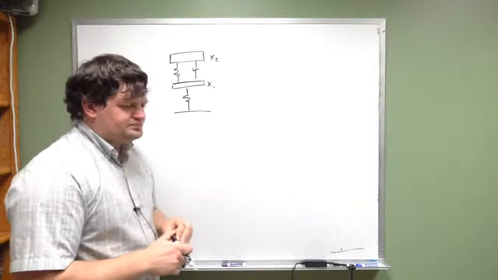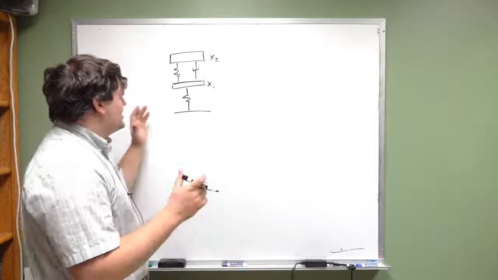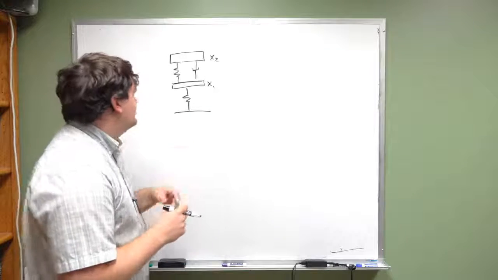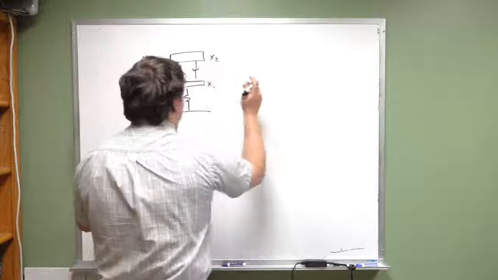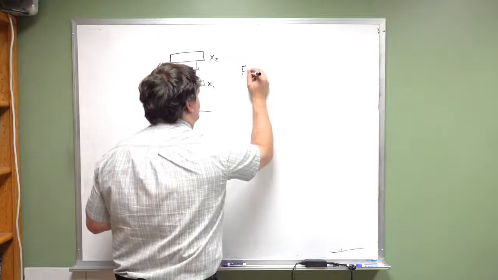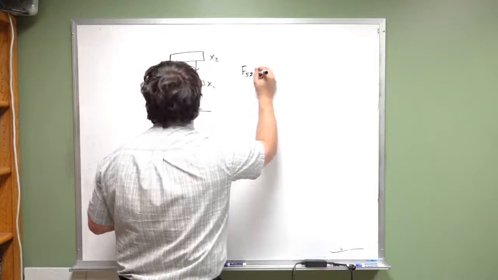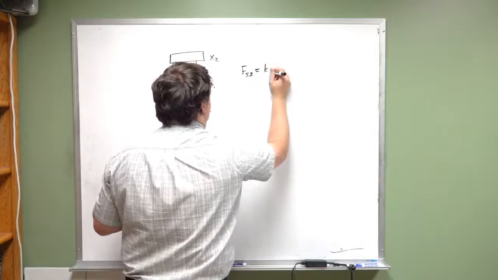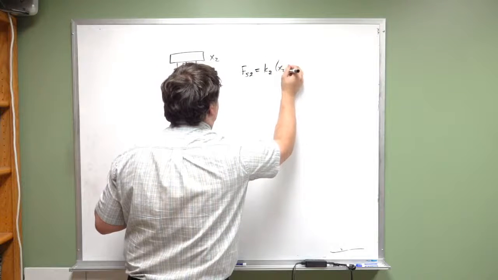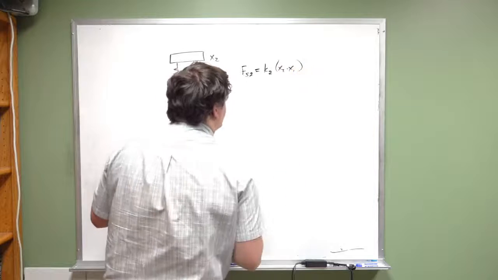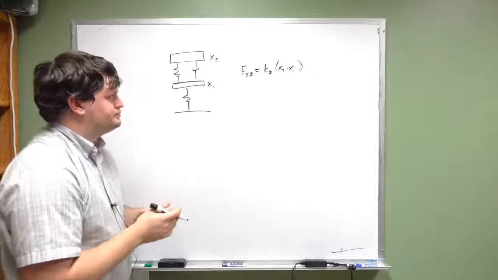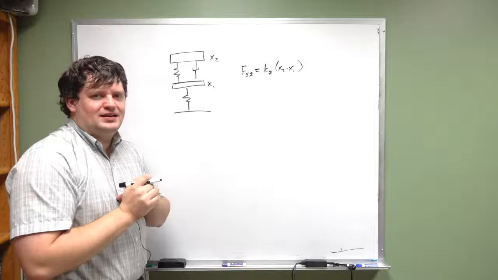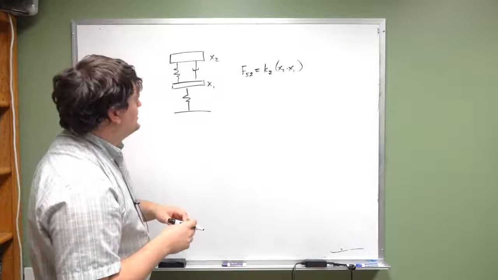Now, when we had this system, the overall equation that we had for the force in this spring was: force spring 2 was equal to K2 times x2 minus x1. And that, no, that's not quite the equation.